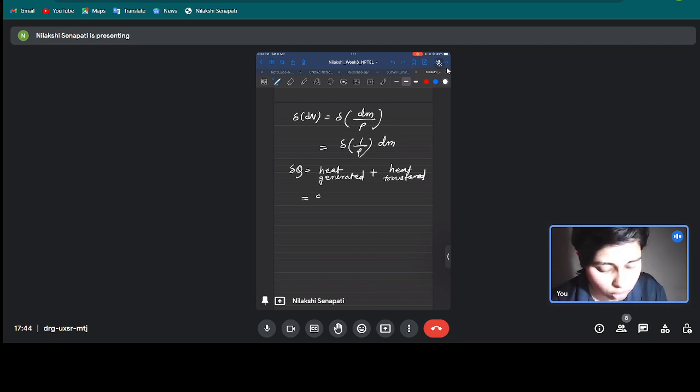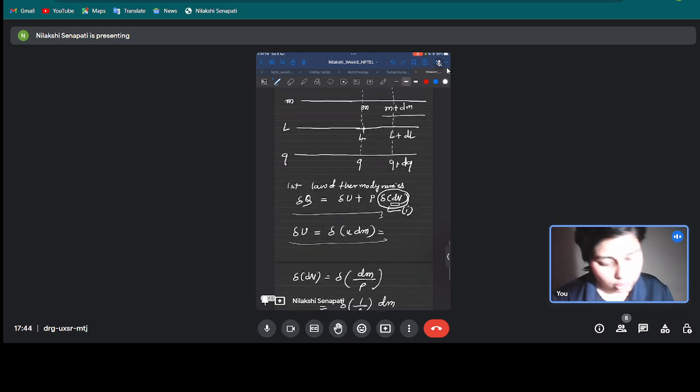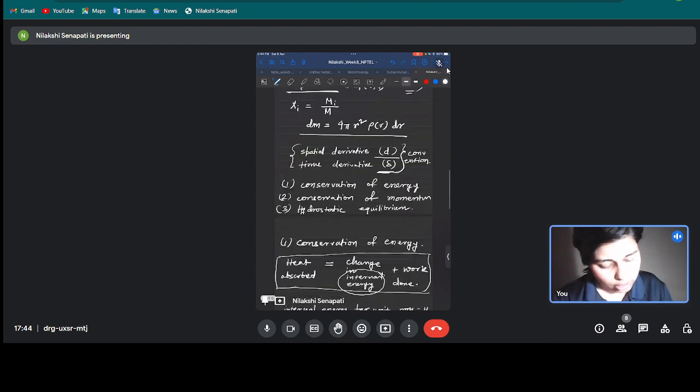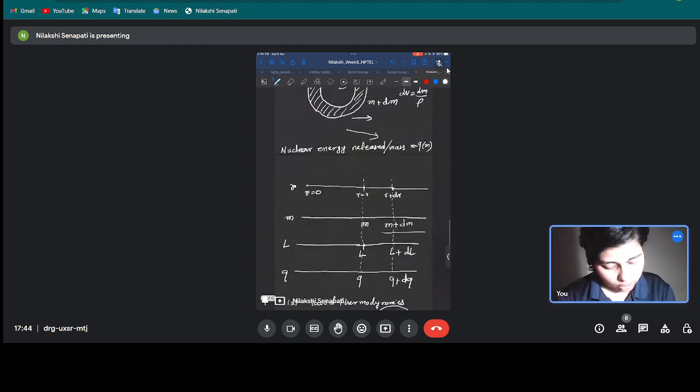So that is equal to q dm delta t plus lm minus lm plus dm into delta t. What is q?